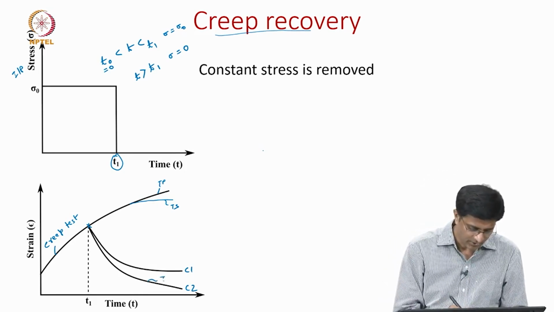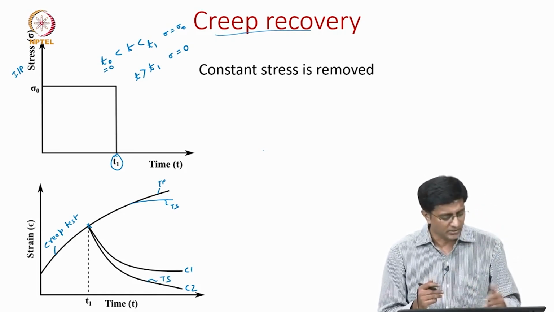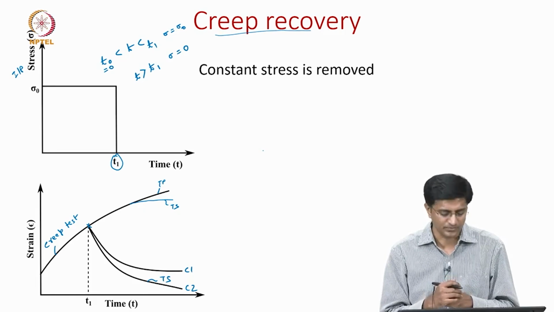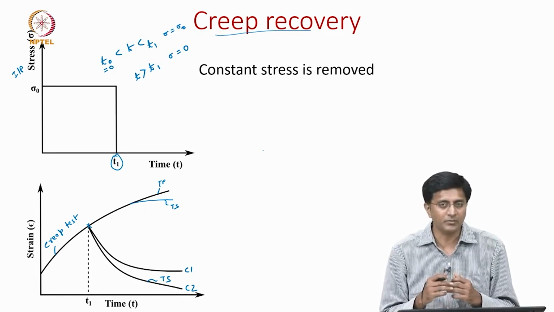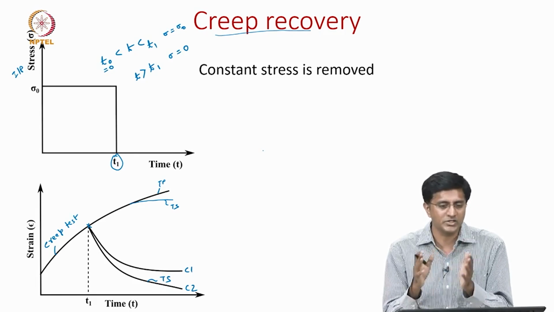So, we are saying that these thermosets follow this curve C2, meaning that given enough time the strain comes back to 0.